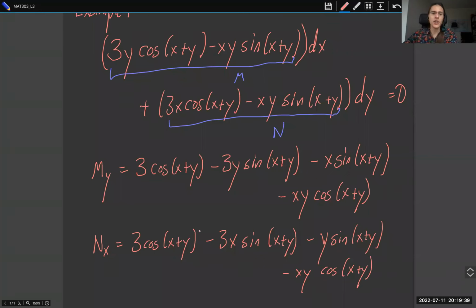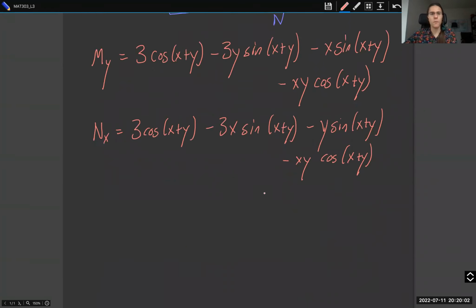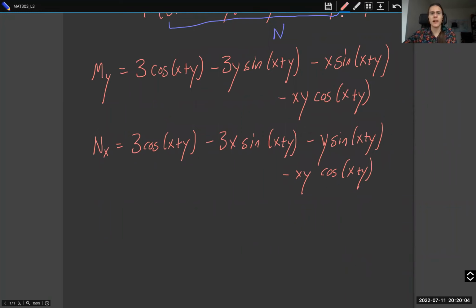Okay, notice that these terms agree, but these terms do not agree. There is a 3y here, there's a 3x here, there's a y, and there's an x. We can't combine these, but we can put a sin(x plus y) out front. So basically, we can rewrite these as well.